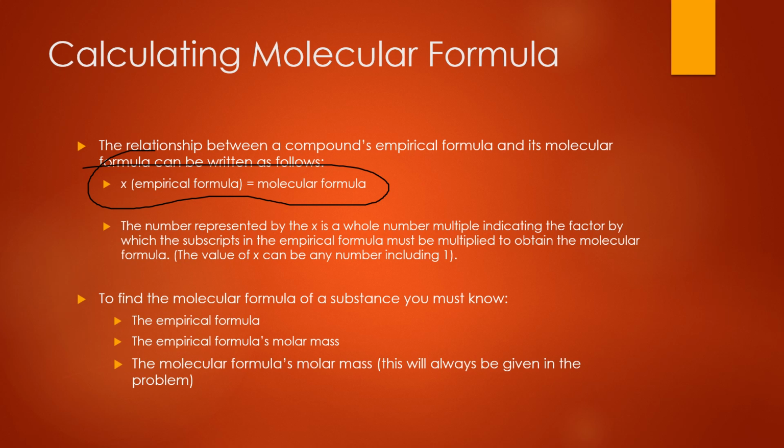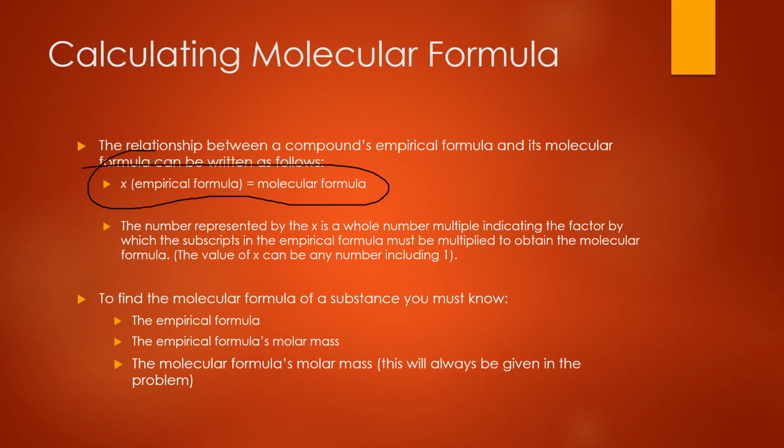So the number represented by the X is the whole number multiple indicated by the factor, which the subscripts in the empirical formula must be multiplied by to obtain the molecular formula. Again, the value of X can be any number including 1. So whatever X is, we're going to multiply it by the subscripts that we get for the empirical formula.